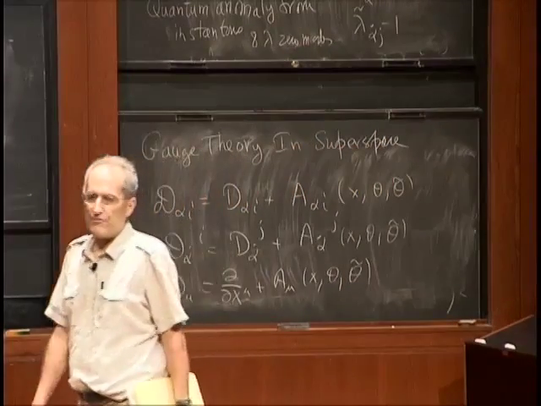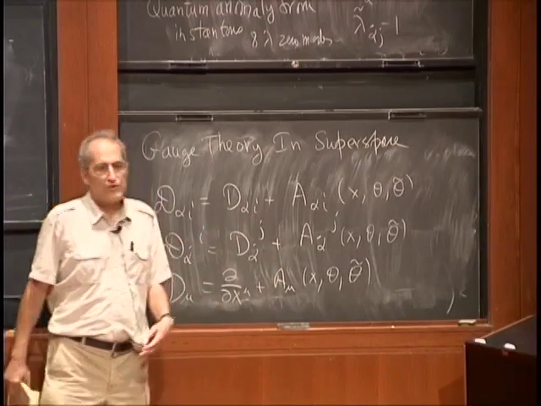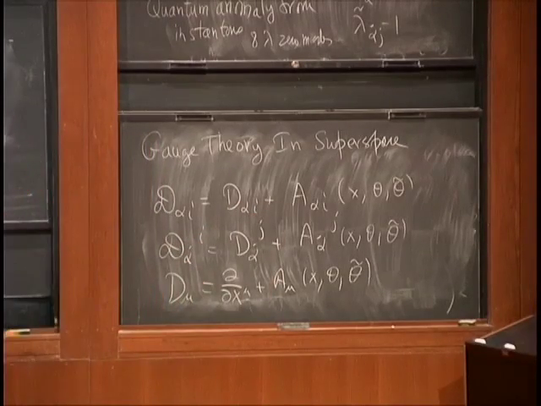Well, what do we have if we do exactly what I've just said? We have a large collection of fields on which act both supersymmetry and gauge transformations. It's obviously supersymmetric because we've allowed arbitrary dependence on x, theta, and theta tilde.